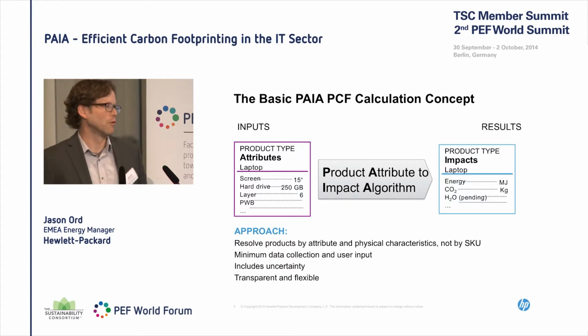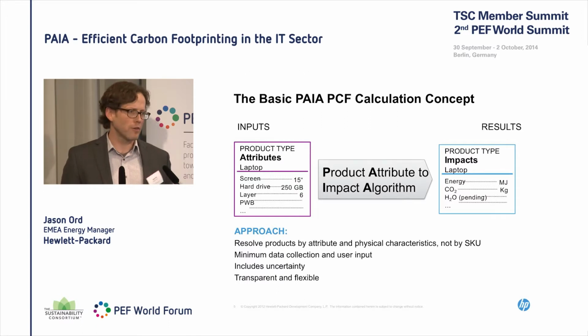The point of PAIA was to simplify that complexity by working together and gathering information across all these different manufacturers. MIT led the integration. And the way it works is it's just a calculator. MIT determined what were the key attributes that drove the carbon footprint of a computer. And those attributes make sense: the screen size, the amount of RAM, the type of processor that you have.